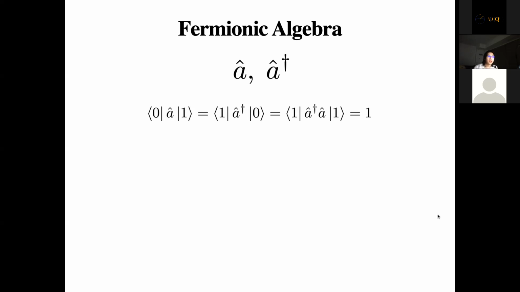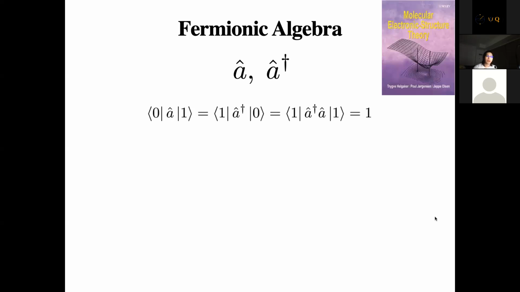But there are some details that have to do with the physics of electrons, that when they're stacked together, there are some properties which I actually won't go into. And I'll refer you to this paper by Helgeker that talks extensively in the first 2 chapters about how Fermionic algebra works. For us, I guess it's enough to just see that instead of X, Y, Z, from now on, you will see the A and A dagger operators.